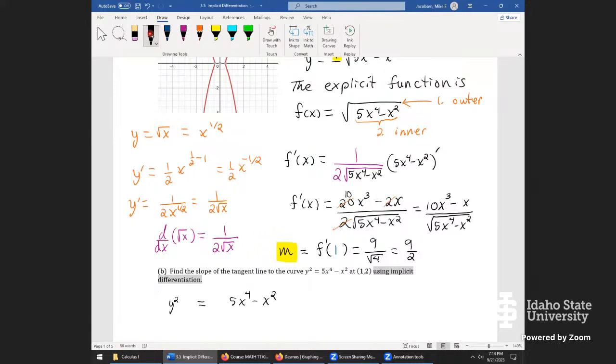The first step in implicit differentiation is to do this. I'll take the derivative with respect to x on the left-hand side in this way, and the derivative with respect to x on the right-hand side going this way.